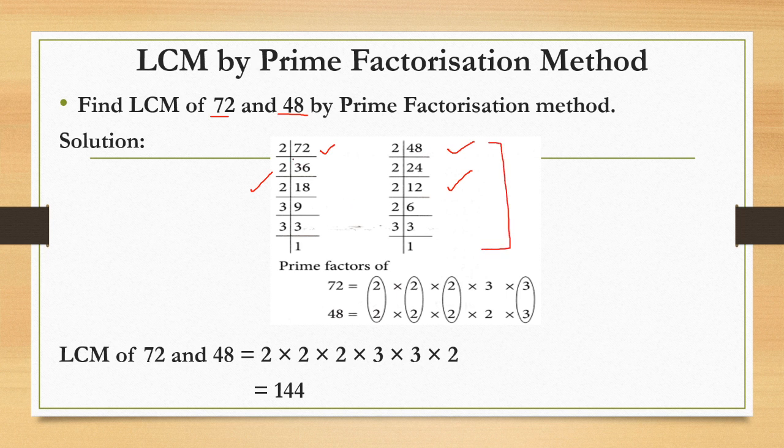After prime factorization, we will write the prime factors, that is 2 multiply 2 multiply 2, 3 into 3 for 72, and for 48, 2 multiply 2 multiply 2 multiply 2 multiply 3. Now we have to circle the common factors among them. So the common factors among them are these.